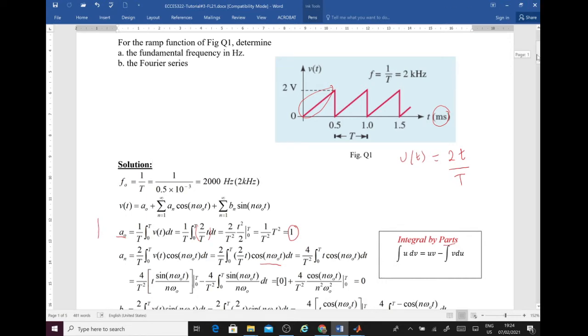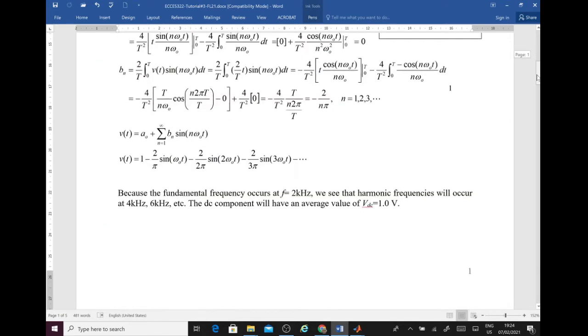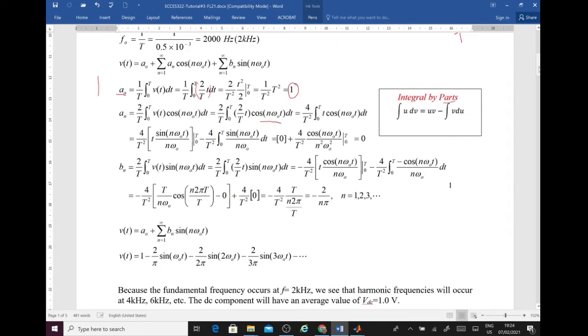If we look at the integration over here, okay, so this is the integration. We have u that will be the time t, and dv will be cosine n omega t.